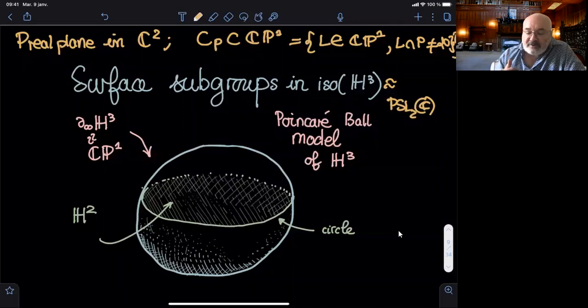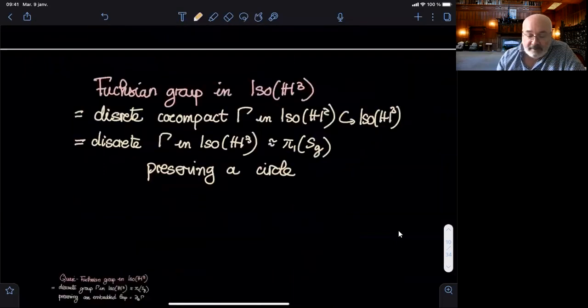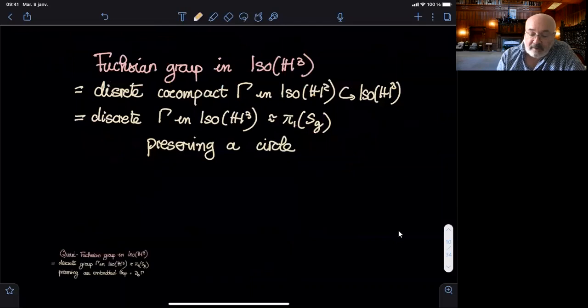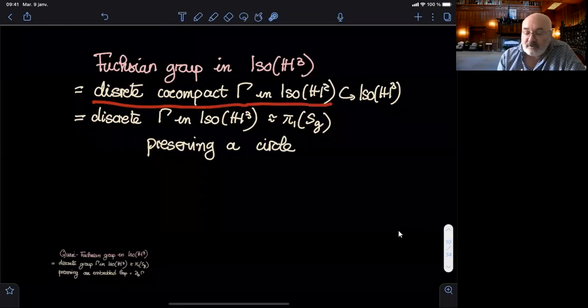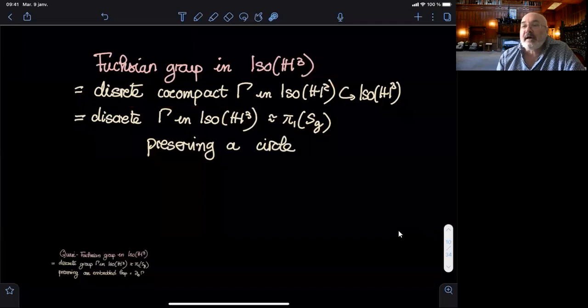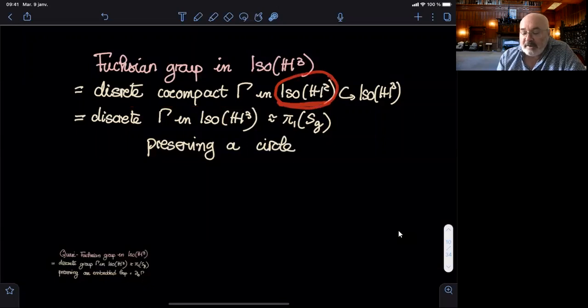So now this allows us to introduce a special class of surface groups in the isometry group of H3. The first thing you do is define what are Fuchsian groups. It's just a discrete co-compact subgroup in the isometry group of H2. And then using the picture I just explained, you can embed the isometry group of H2 into the isometry group of H3.